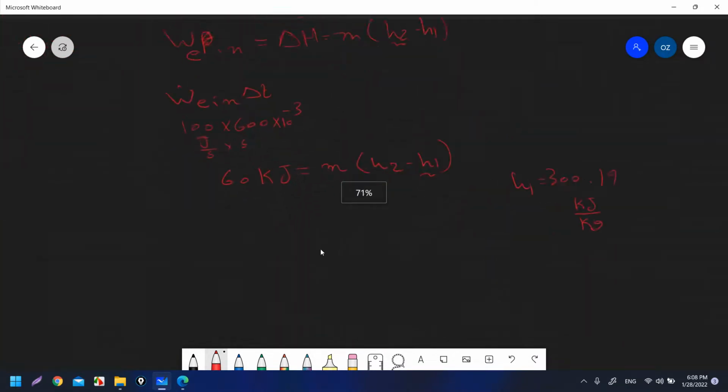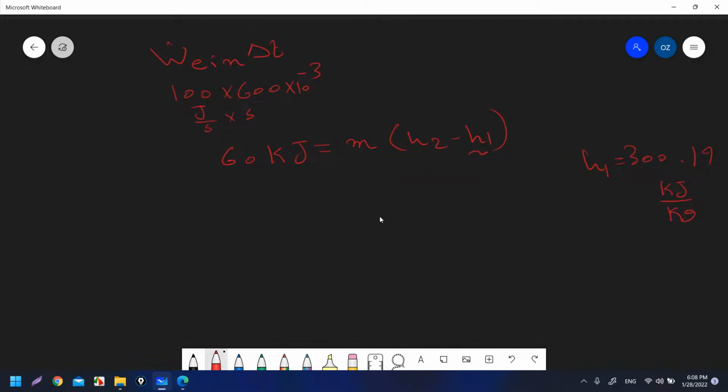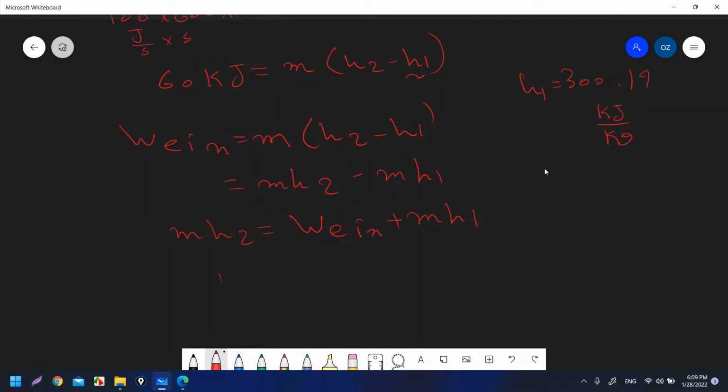So the remaining is H2. If I know H2, I can find other things, so I can rearrange the equation. The equation was W_e,in equals m(H2 minus H1), equals m H2 minus m H1. So m H2 alone will be equal to W_e,in plus m H1. If I divide the whole equation by m, this will give me H2 equals W_e,in over m plus H1.